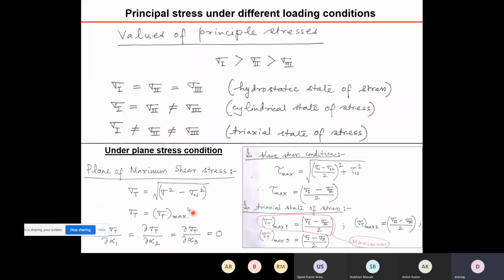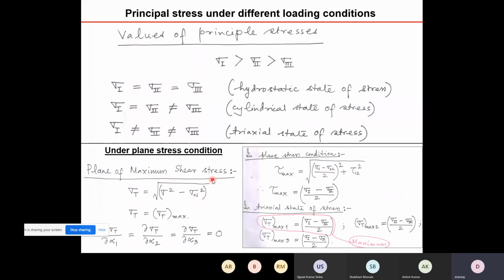And as I said, a little going out of what we have derived, let me finish that. Now, there is one more interesting aspect: what is the maximum shear stress? Since we have considered principal planes where shear stress equals 0, there will also be a plane where the shear stress value will be maximum.